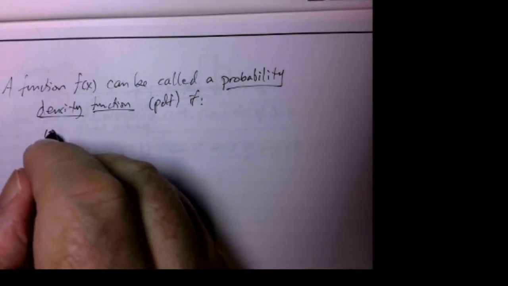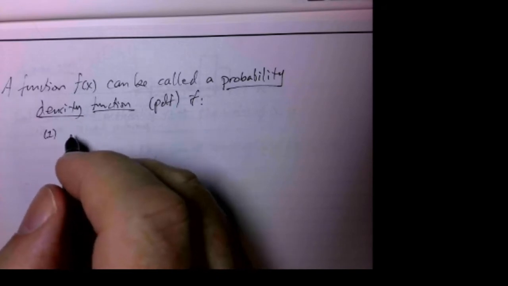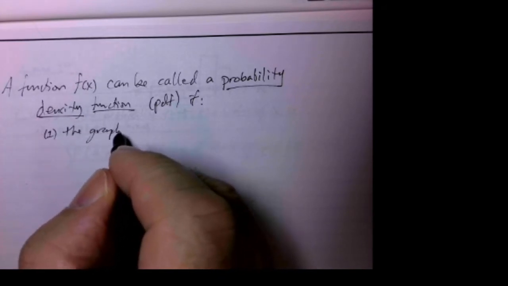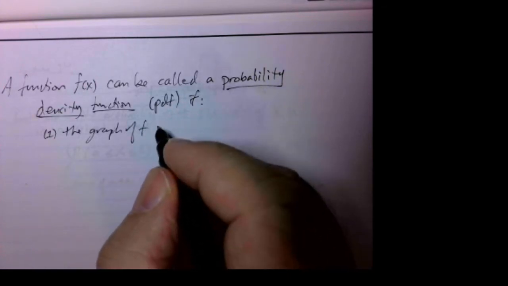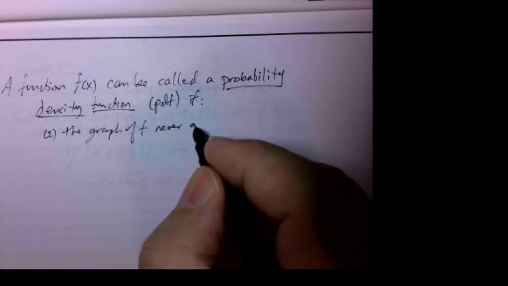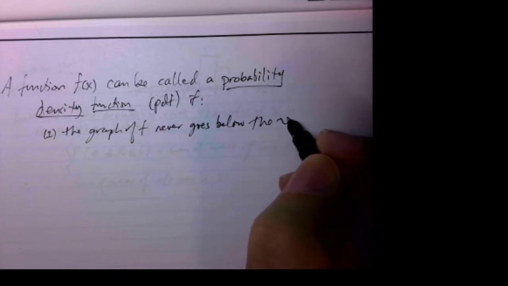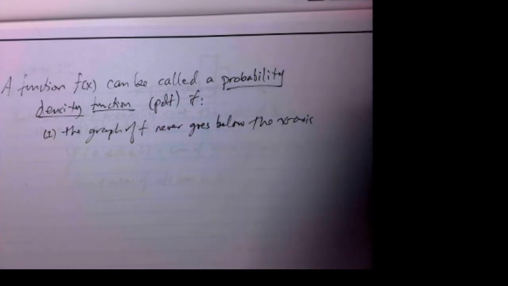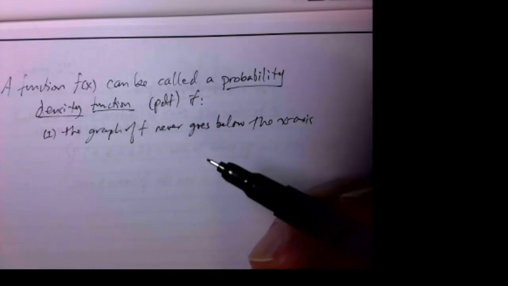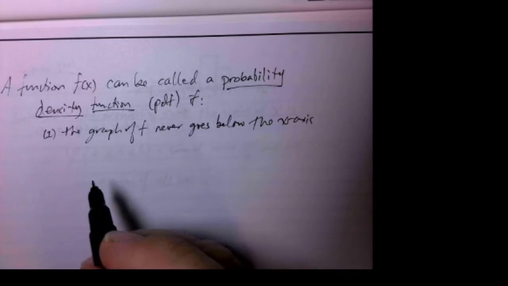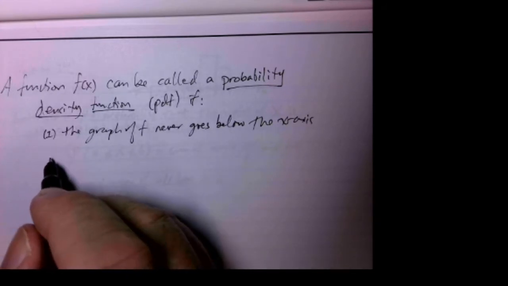First of all, the graph of f never goes below the x-axis. Right? So f of x could be 0 in some cases, but it can never be a negative number. The graph is always entirely above the x-axis, or at worst, touching it.